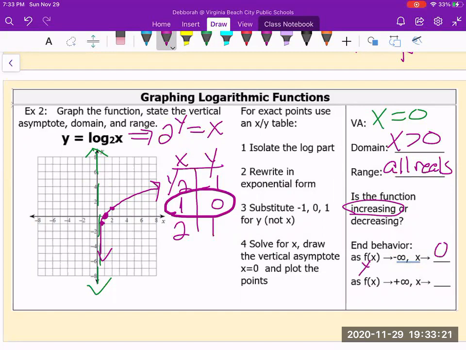As y continues to go further and further down, I'm getting closer and closer to that vertical asymptote, but not quite getting there. Now as f of x, meaning y, approaches positive infinity, our x is also approaching positive infinity.